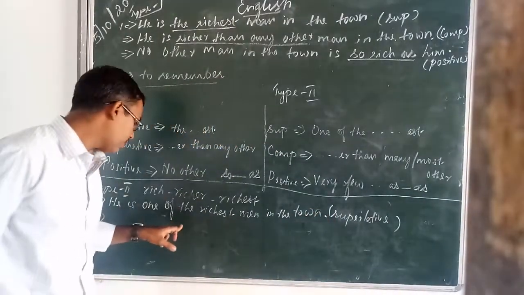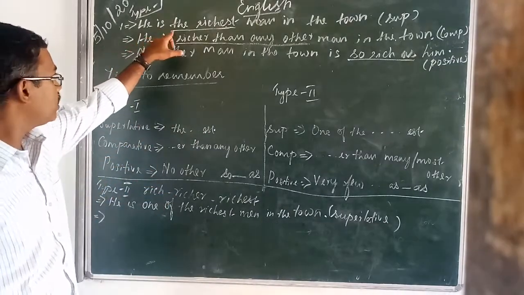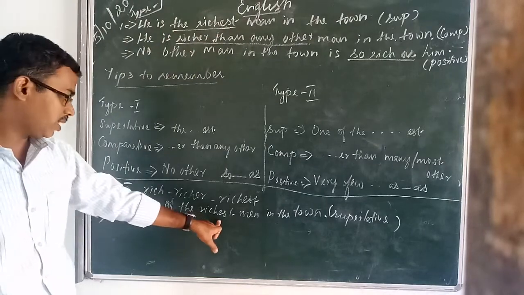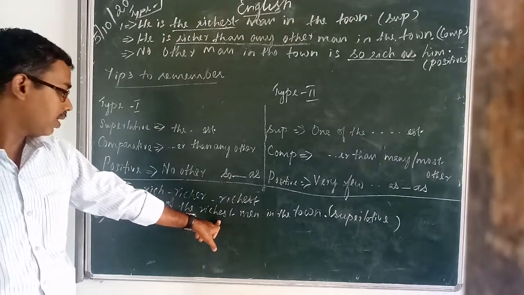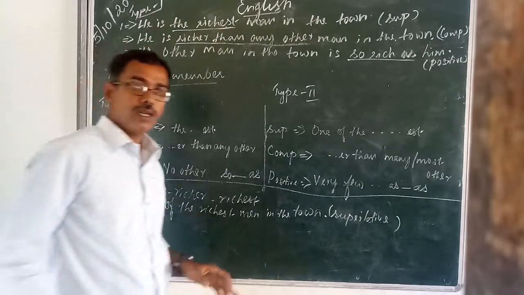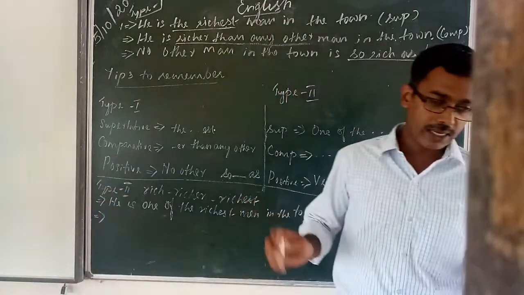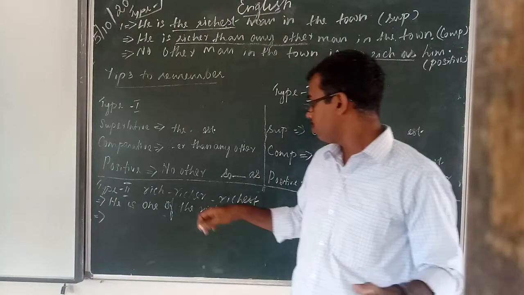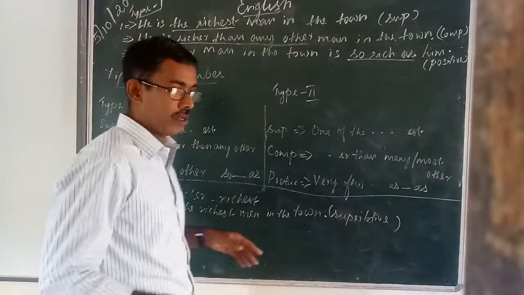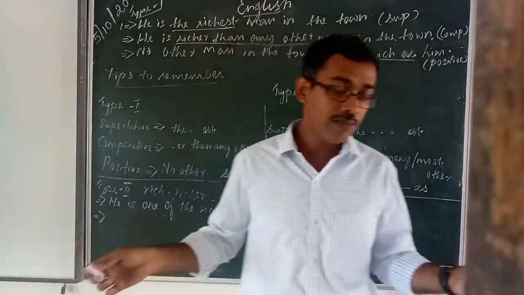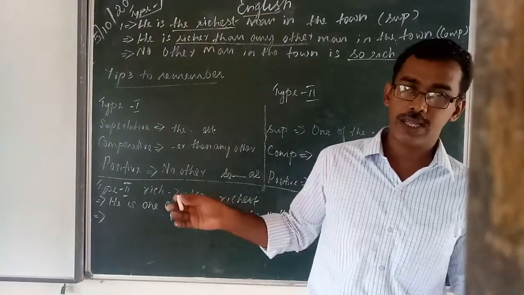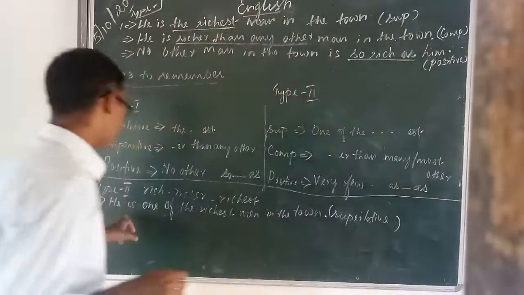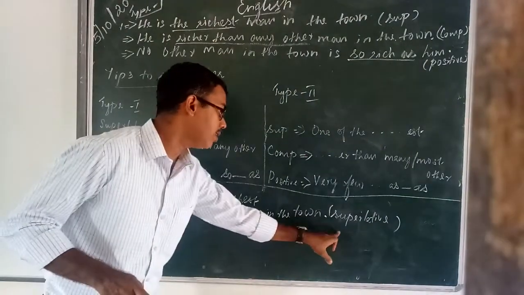Here there is a difference from the first type, the richest man in the town; here, one of the richest men in the town. What's the difference? Here we are selecting any person, one among them, excluding the first and the last person.